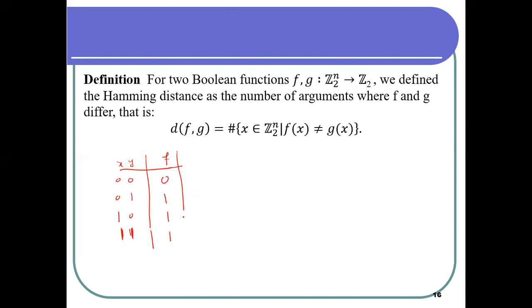I take another function g, which is 0, 1, 0, 1. How many places are there in which f and g differ? 0 and 0 are the same, 1 and 1 are the same, 1 and 0 differ at this output, and 1 and 1 are the same. So the Hamming distance between f and g is 1.